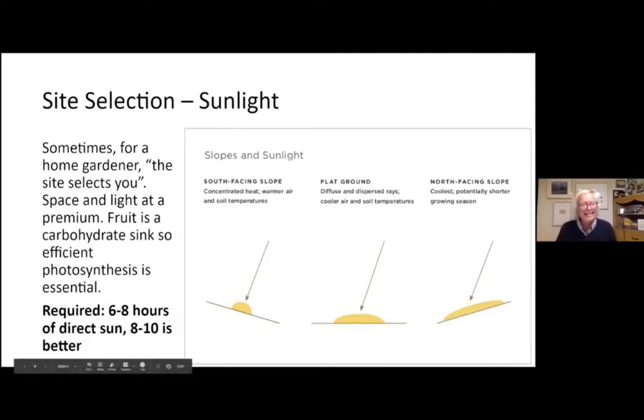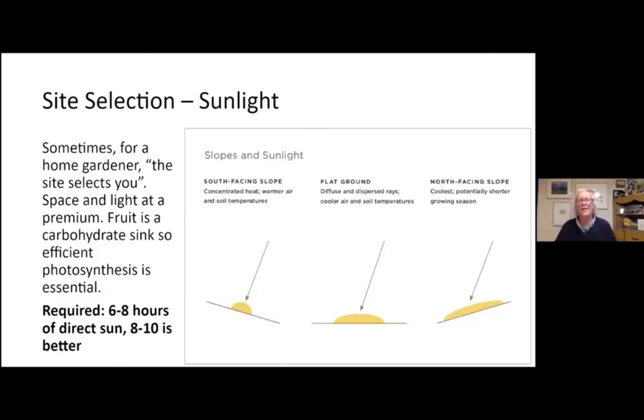Just a little bit of a slope will aid you in that regard. Flat ground is good too, but the sun's rays will be more dispersed as they hit the ground. It's not bad, it just doesn't have that much grow power.